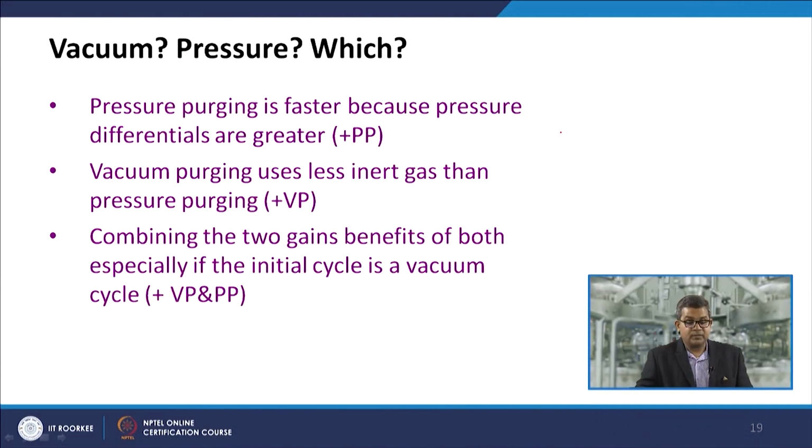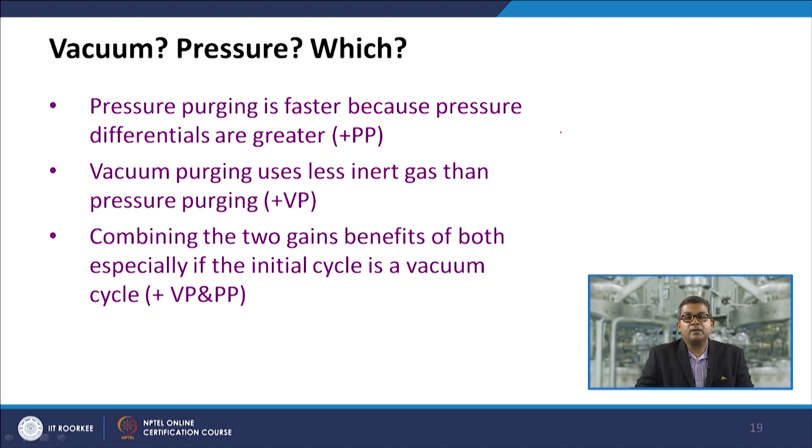Now, the question arises whether we have to choose vacuum or pressure, and which one. Pressure purging is faster because pressure differentials are greater. So, if we analyze in terms of cost and ease of operation, pressure purging is a bit faster. Vacuum purging uses less inert gas than pressure purging.